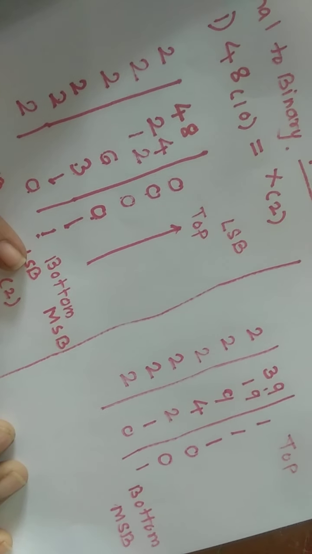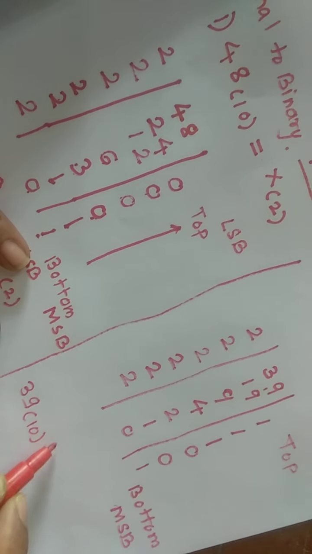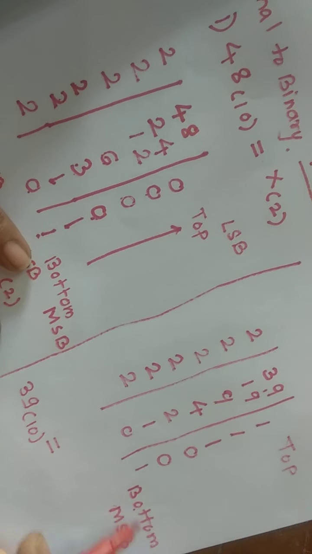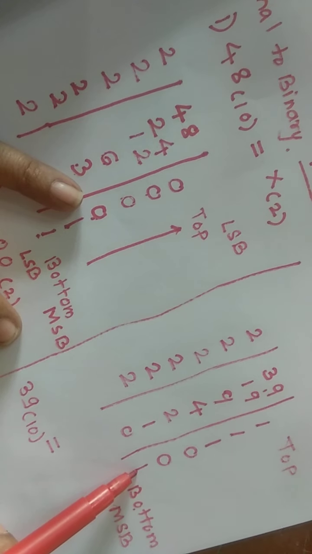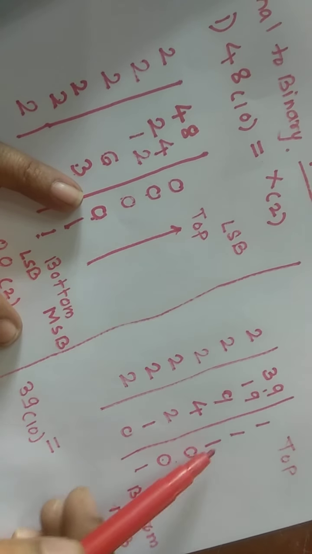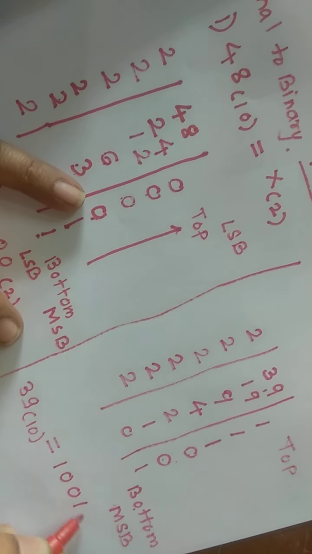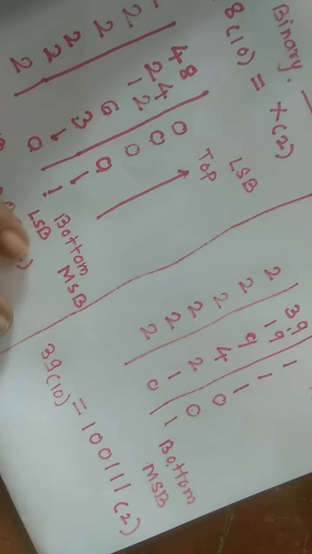Now 39 base 10 is equal to, write down the remainders from bottom to top. So what we have to write is 1 0 0 1 1 1, and the base will be 2.